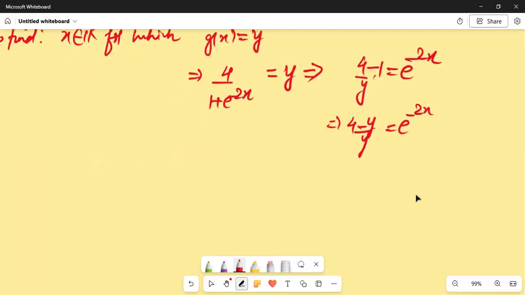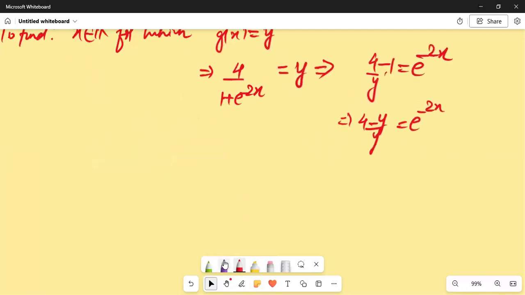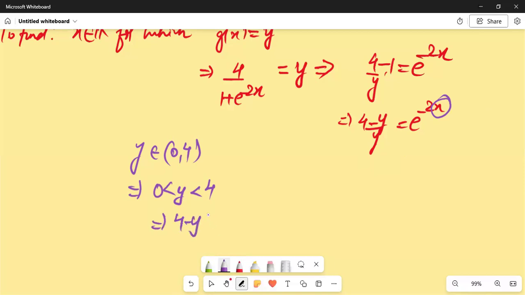Now, in order to find x, because we are proving that g is onto, you just need to find x. Now you know that y is in this interval. This implies y is greater than 0 and less than 4, and this is a strict inequality. This implies 4 minus y is also strictly greater than 0.